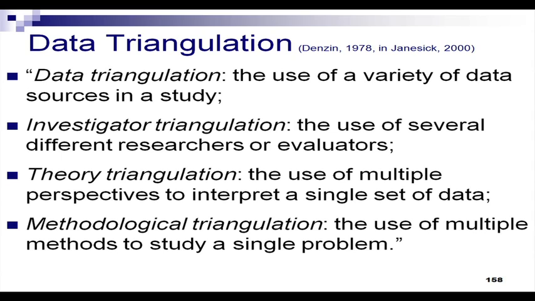So we triangulate data, we try and triangulate the investigator aspect, we try and triangulate the theory that is being studied, and we try and triangulate methods, which is the reason why these days a mixed methods approach is gaining importance.